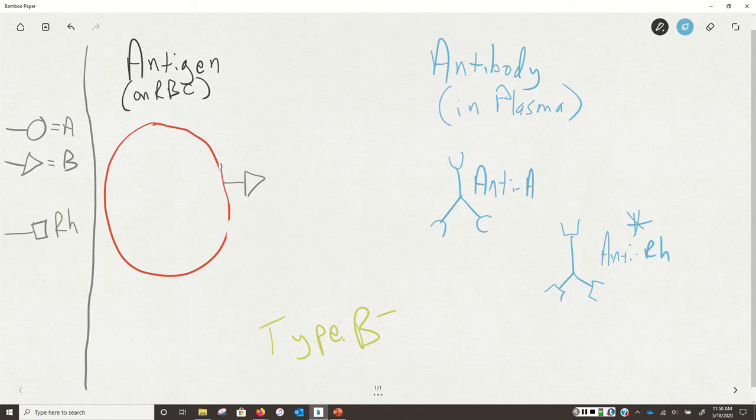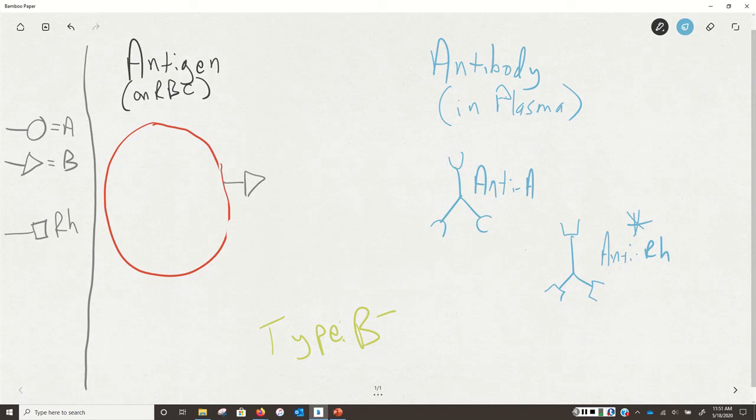They have, let's say, one boy is A positive and one boy is B negative. Well, the B negative is what we see right here. They would have the B antigen, they would have anti-A antibody, but they would not yet have anti-Rh antibody.